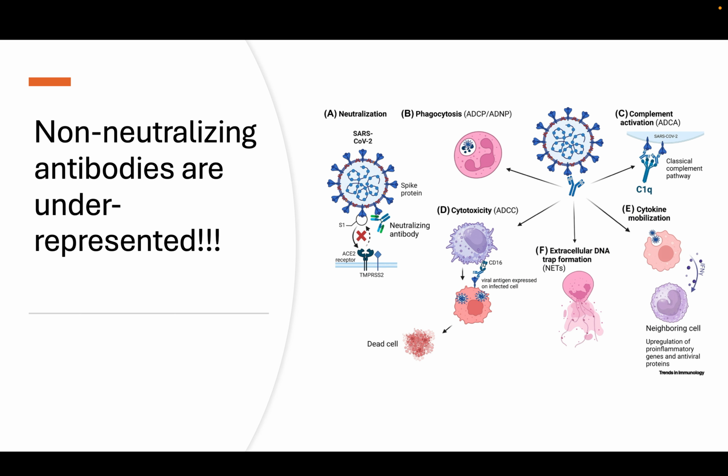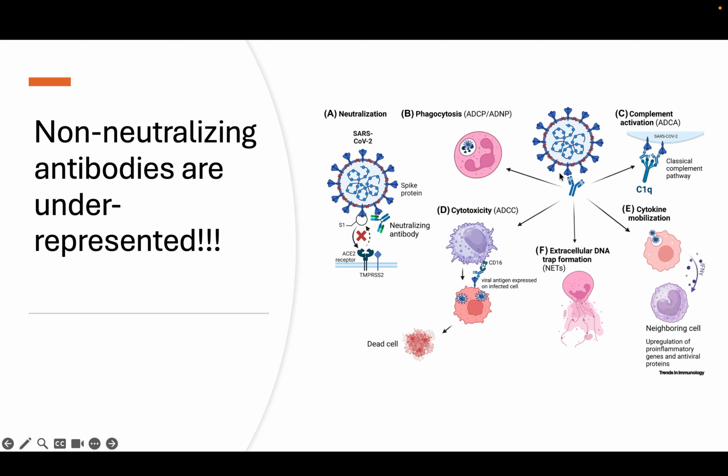So that's very important. For example, this is a neutralizing antibody: it's stopping the SARS-CoV-2 receptor, this S1, from binding to the ACE2 receptor. But you have a lot of antibodies that, even though they're binding to the S1, the virus is still able to infect.